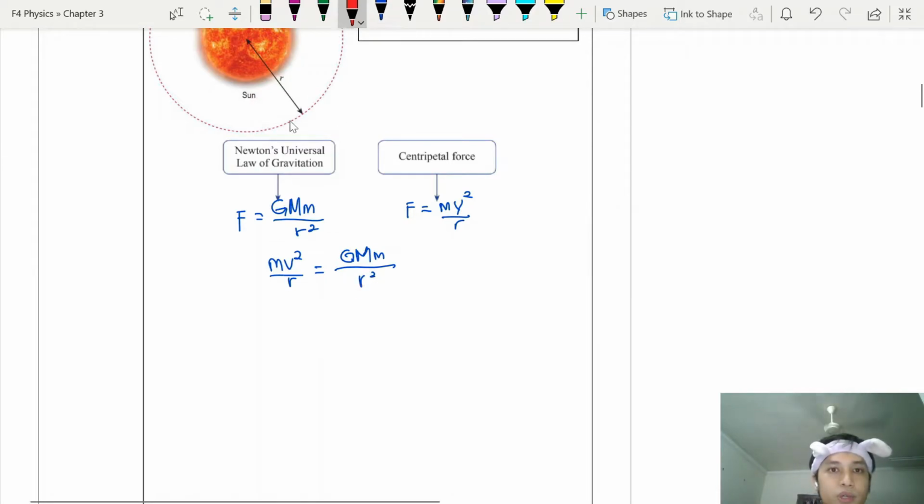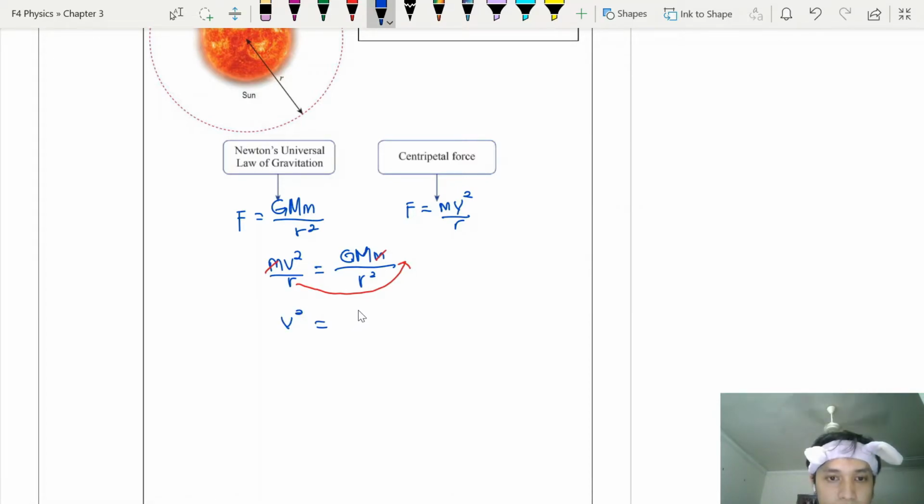So we are going to remove your m here, and then we are going to bring the r over here. So we are left with v squared here, so it will be GM over r. And then you know that v, your speed, is 2 pi r over T.